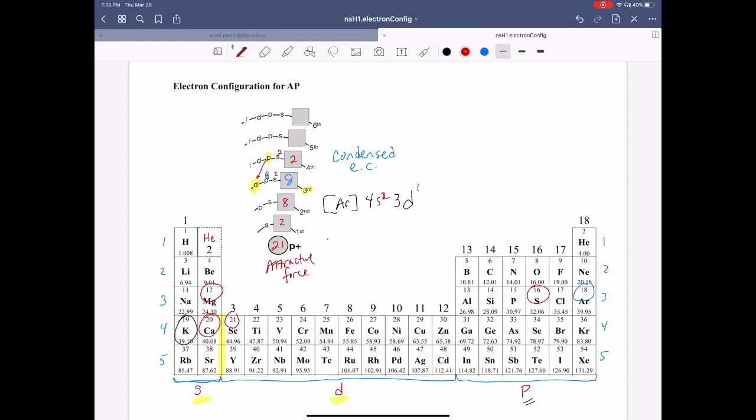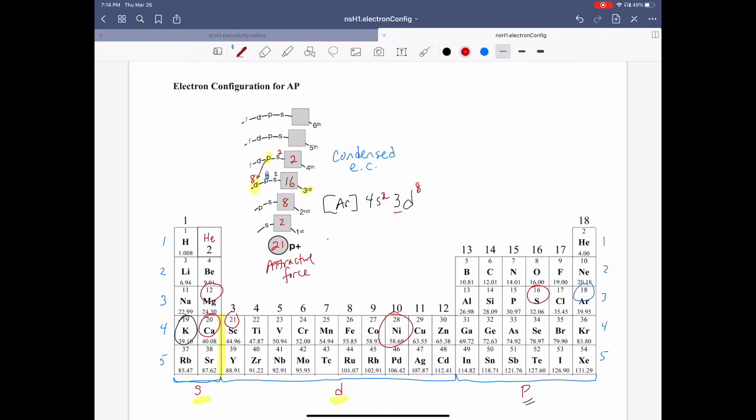If we were to continue all the way across to nickel, which of course is d8, we'd still stay in the 3rd energy level, d8, and that would give us a total of 16 electrons in the 3rd energy level.